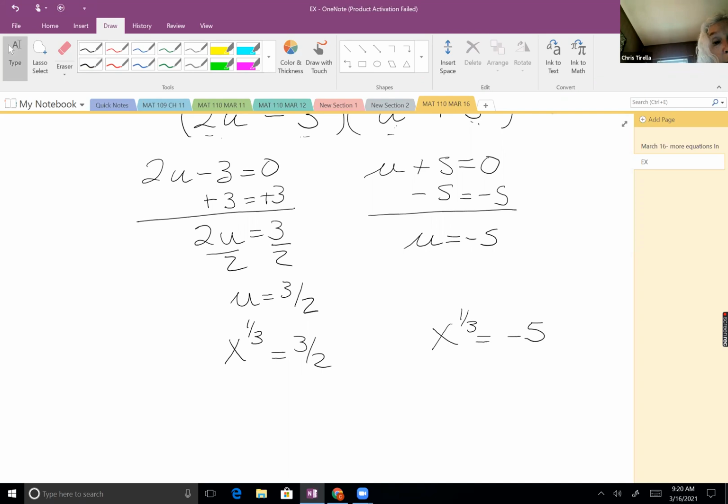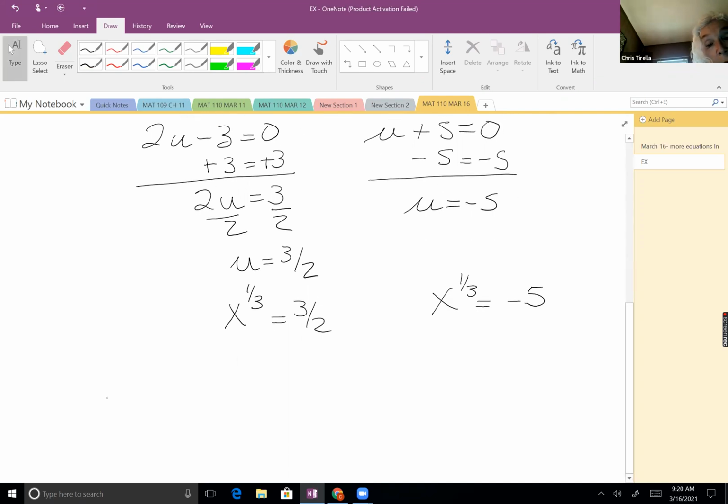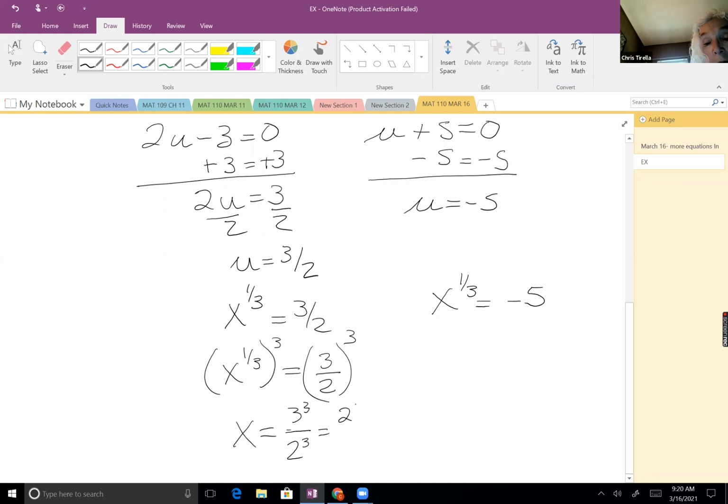And we had said to solve those, we're going to raise both sides to the reciprocal power. The reciprocal of 1/3 is 3. And so here, when I raise both sides to the third power, I get x equals 3 to the third over 2 to the third, which is 27/8.